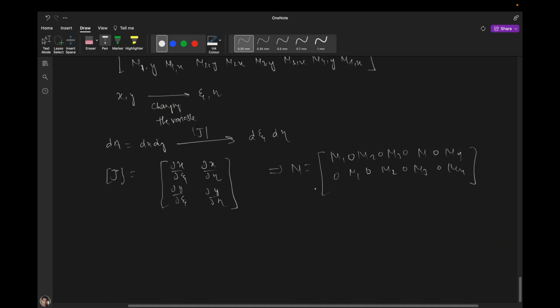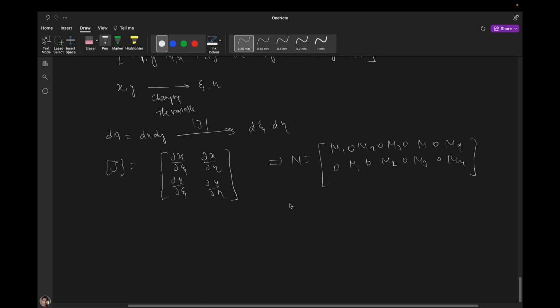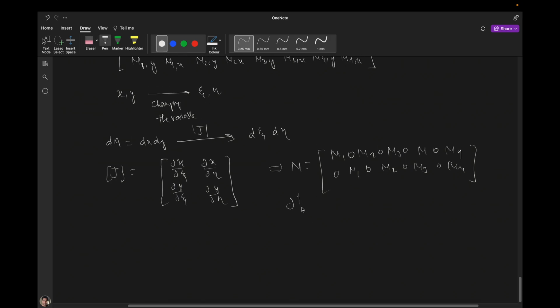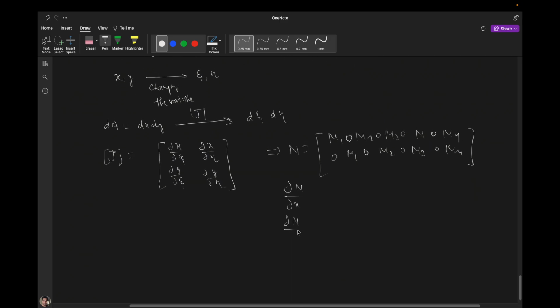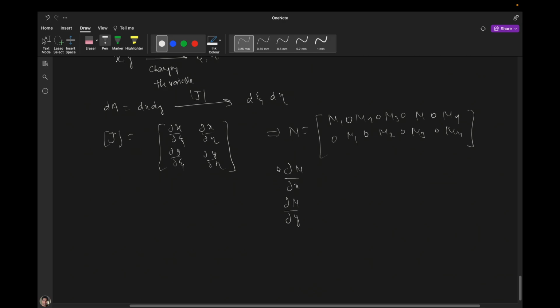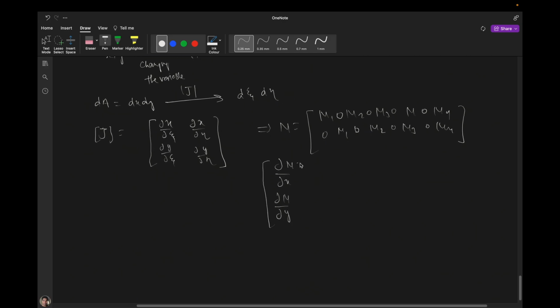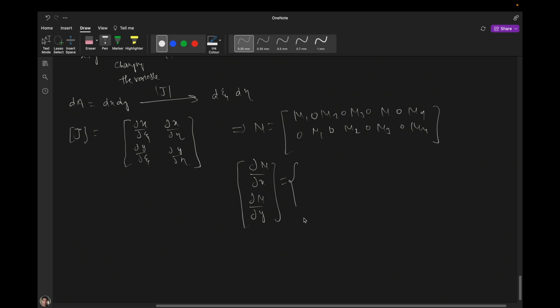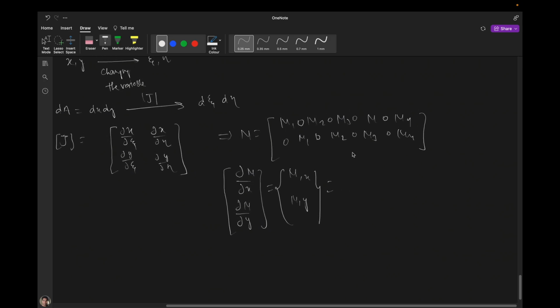Okay, and when you take the derivative, del n by del x and del n by del y, or you can also write n x or n y, then it becomes Jacobian kind of.